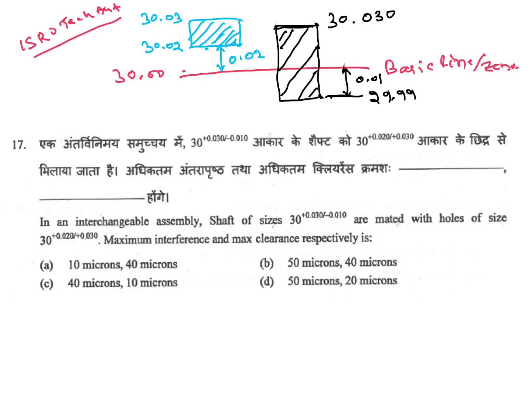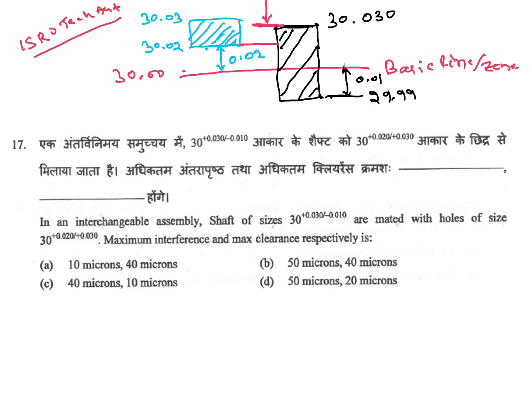Then in this question we have to check maximum interference. Maximum interference is here: the difference between hole minimum and shaft maximum. Hole minimum is this one, shaft maximum is this one. The minimum diameter of hole and maximum diameter of shaft, this difference is maximum interference.